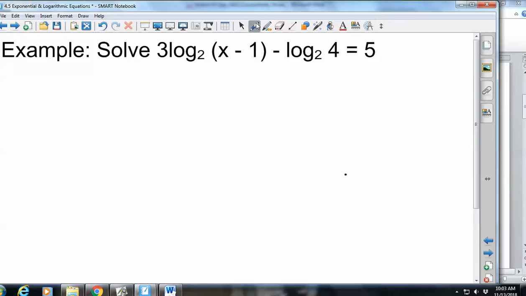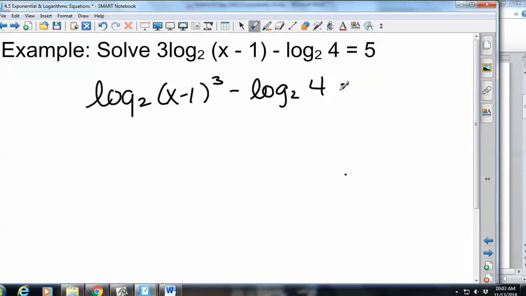Alright, so if I bring that up, we have log base 2 of (x minus 1) cubed minus log base 2 of 4 is equal to 5. Those logs are being subtracted.